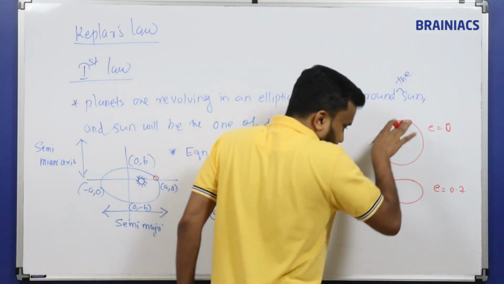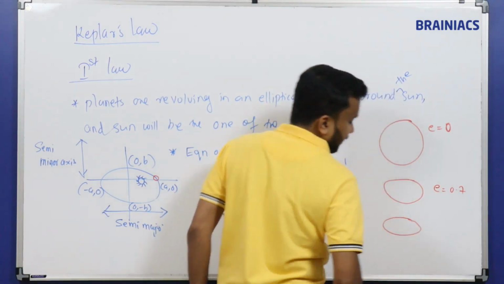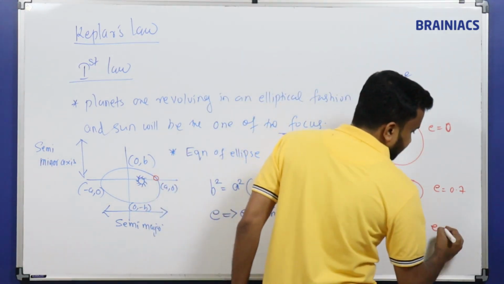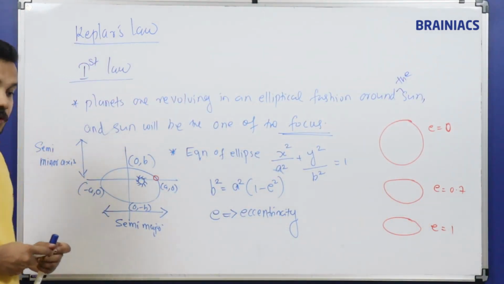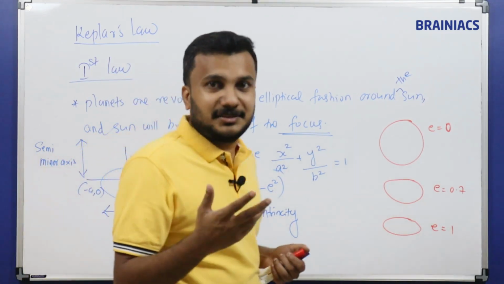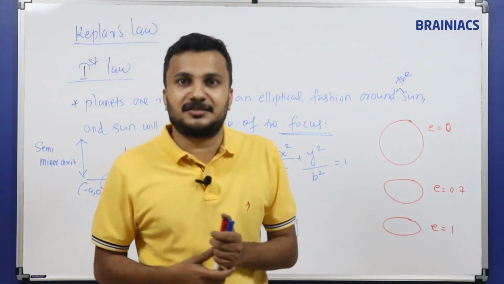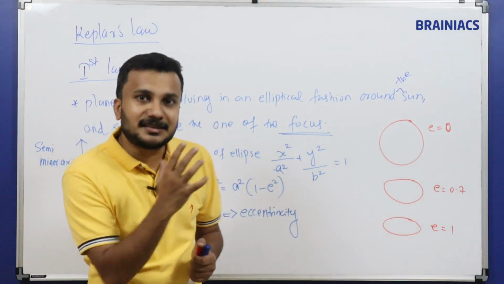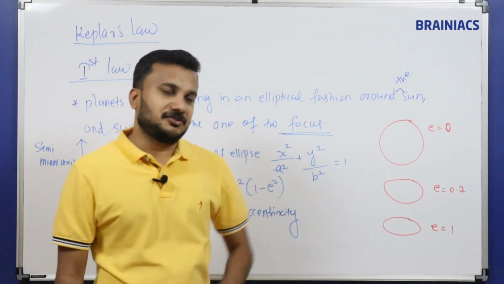Now I am punching it on both sides, and I get a perfect ellipse like this one. Now I'll say eccentricity is equal to 1. Now I'm sure you got what eccentricity means. More eccentricity means it is closer to an elliptical structure. Lesser eccentricity means it is closer to circular nature. That is the meaning of eccentricity.